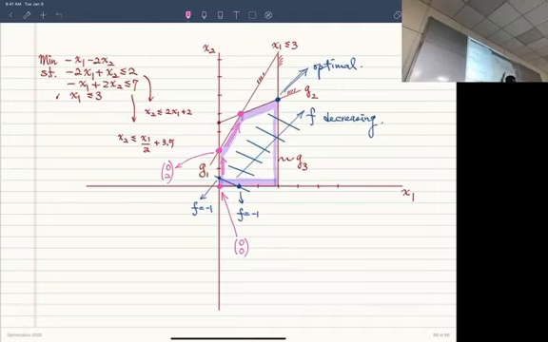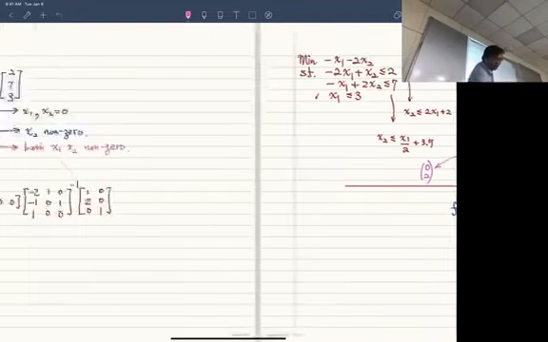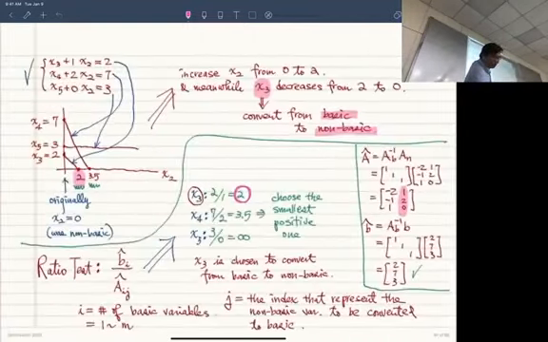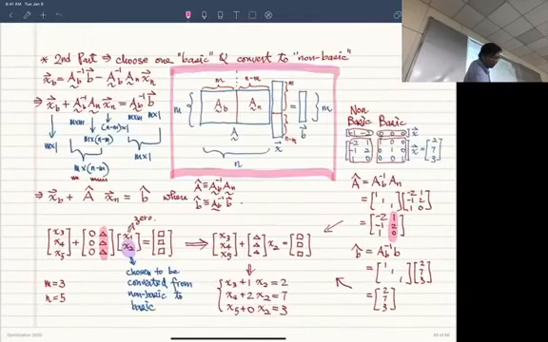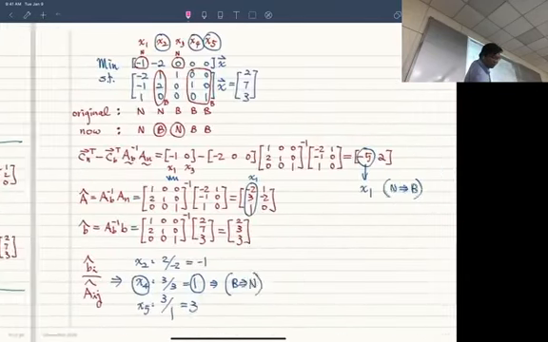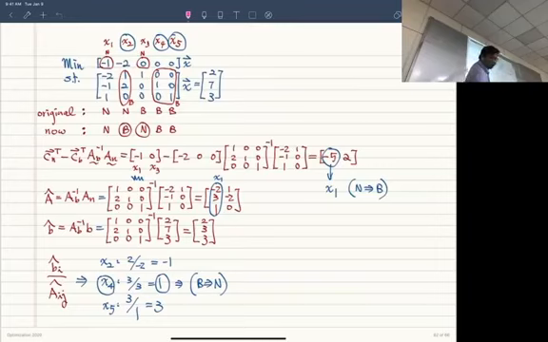So when we move to here, we only have one option. In our calculation, you realize when we move on to the second stage, right here, we only found one negative value. That means only one variable can be chosen, and that means you can only move along one direction.